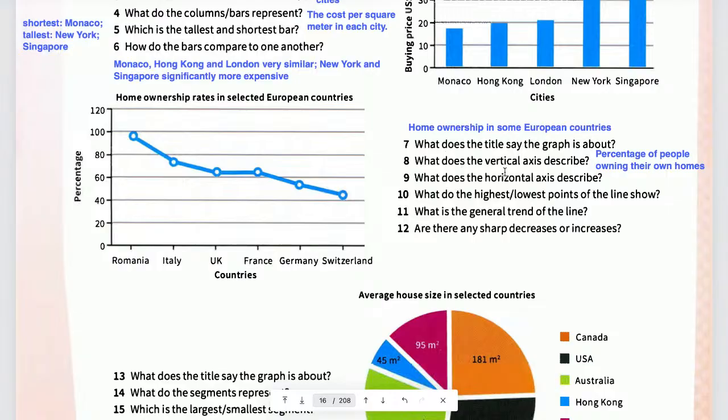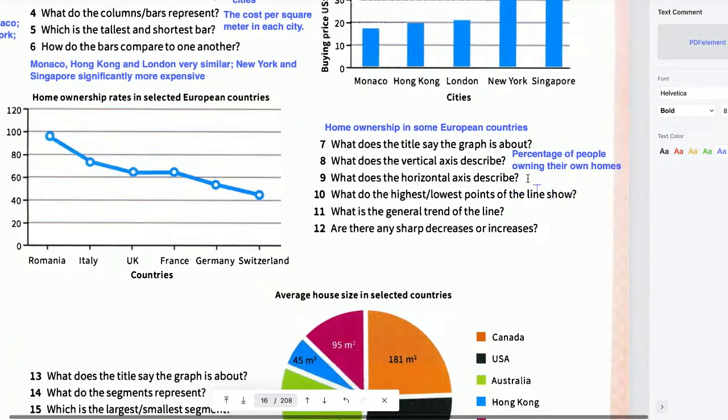Now, what does the horizontal axis describe? The horizontal axis describes some countries in Europe. Some European countries, you can mention like that.